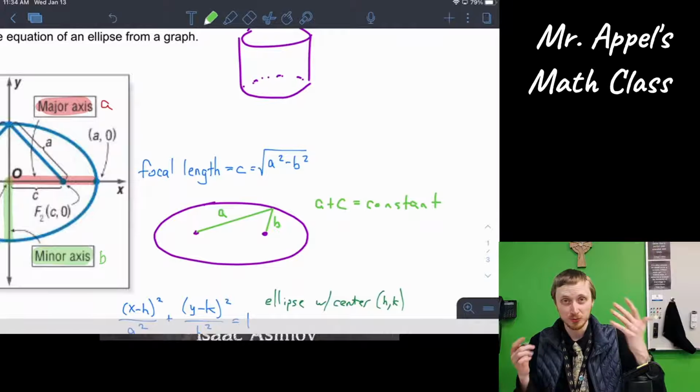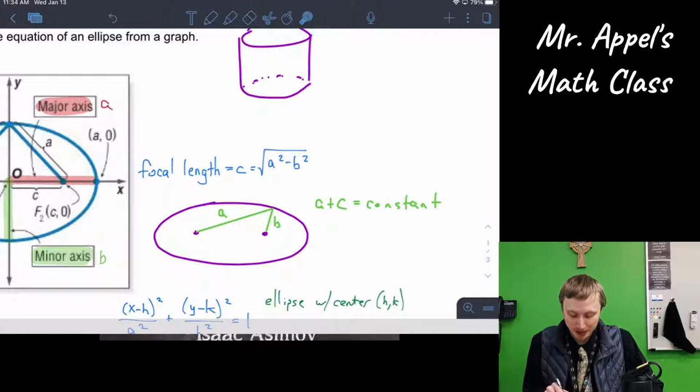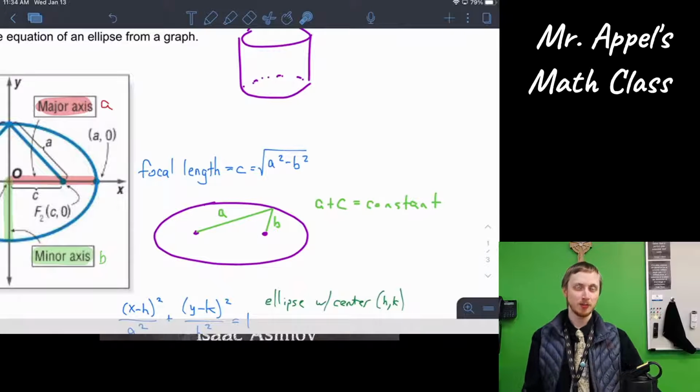Right? That's what creates the ellipse. It is based on that definition of these matching distances. This sum of the distances is always the same. Even if I go all the way across and back. Well, actually, out, across, and then back just to this one. Okay? That distance out and back to the other focus creates the ellipse.